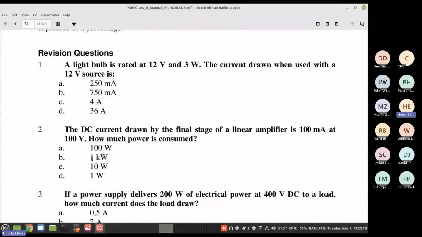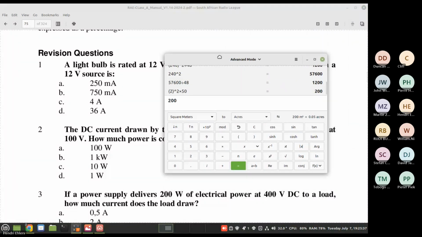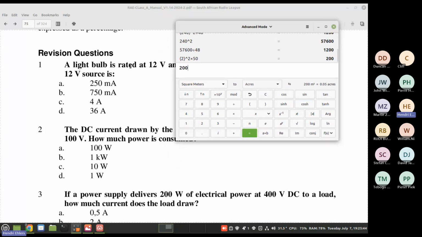The DC current drawn by the final stage of a linear amplifier is 100 milliamps. At 100 volts, how much power would that consume? 100 milliamps would be 0.1 amp. Let's do it on screen. Sorry, I'm sitting with a calculator in my hand, and that doesn't help.